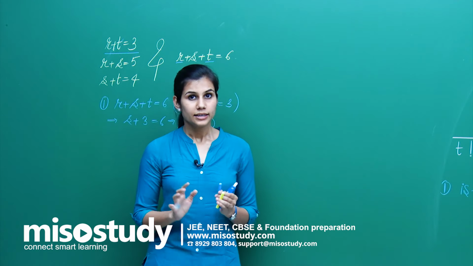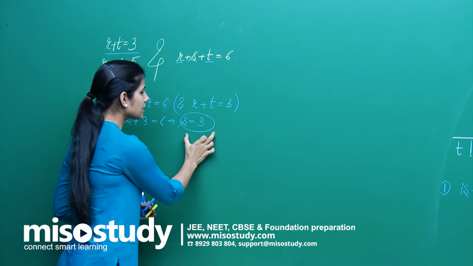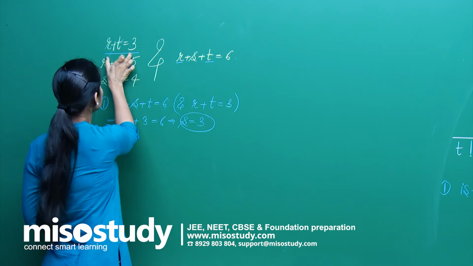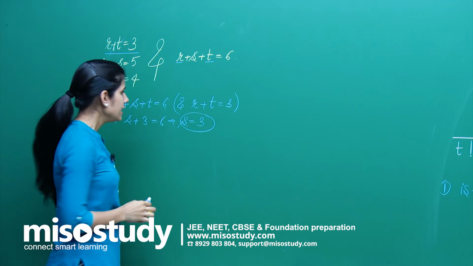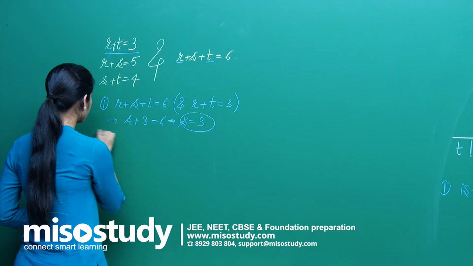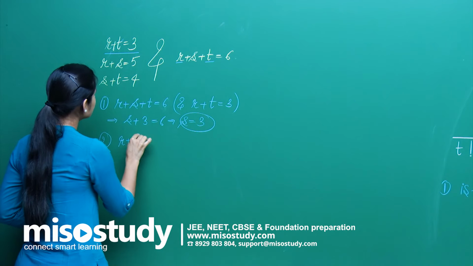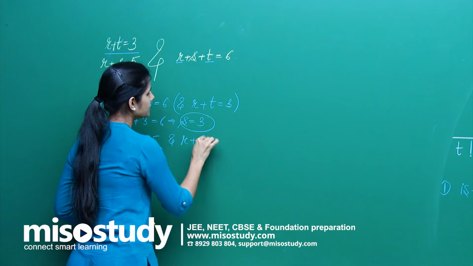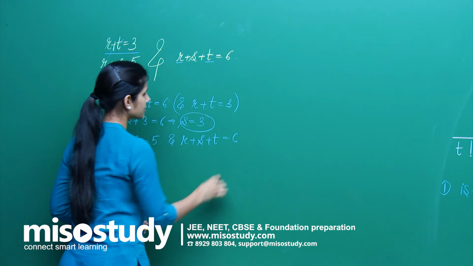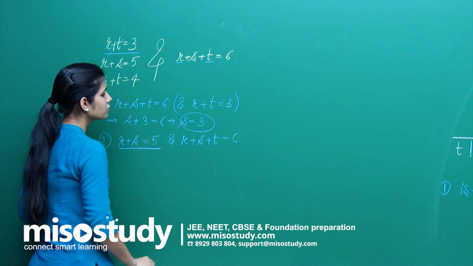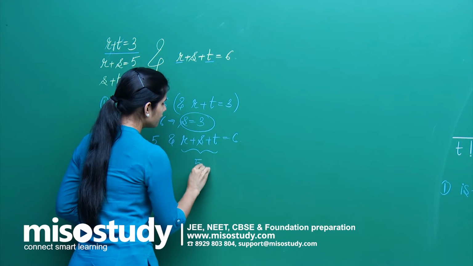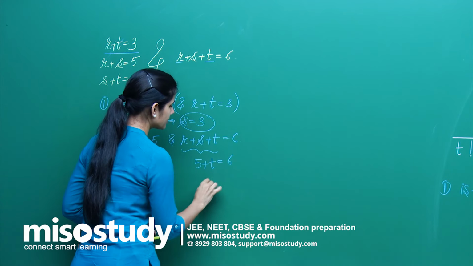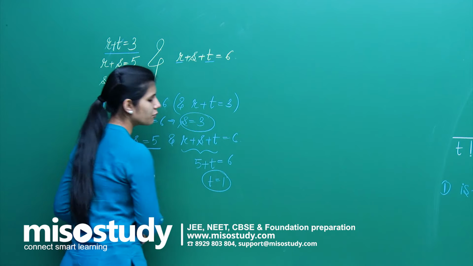Once we have done this, s has come out to be equal to 3 with the help of the first and this equation. If I go on to the other, you have r plus s equals 5 and r plus s plus t is 6. So, if r plus s is equal to 5, this becomes 5 plus t is 6, t is 1.